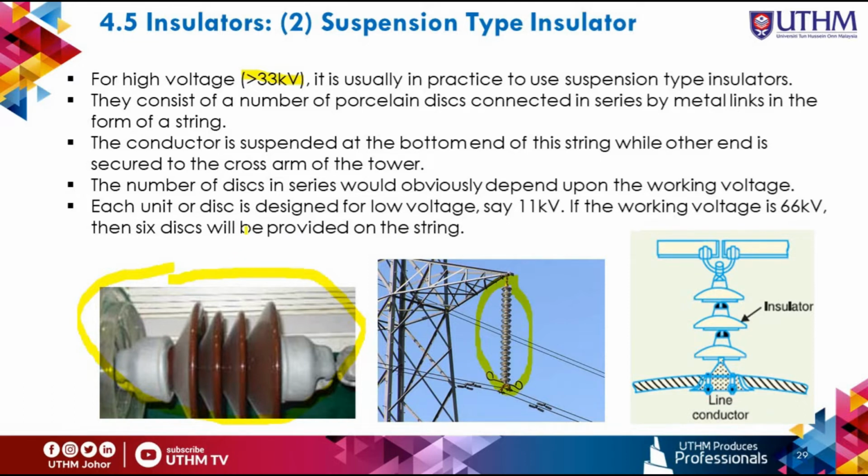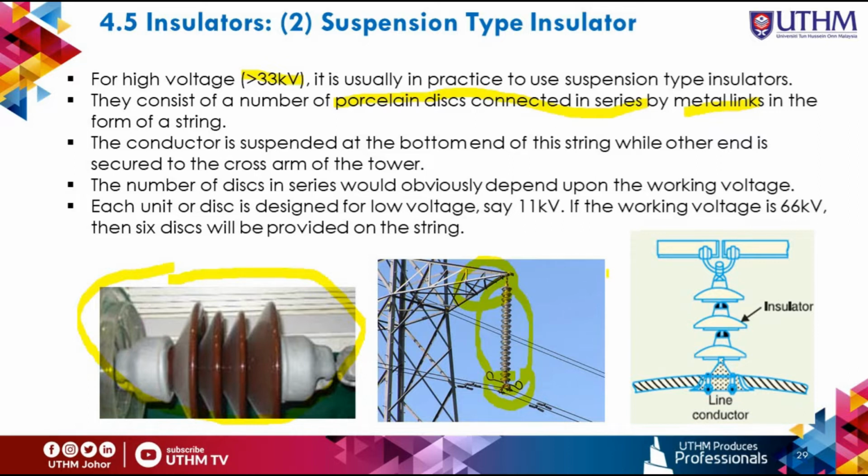They consist of a number of porcelain discs connected in series by metal links in the form of a string. You can see here there are a number of porcelain discs connected in series. The conductor is suspended at the bottom end of this string while the other end is secured to the cross arm of the tower. The number of discs in series would obviously depend on the working voltage.